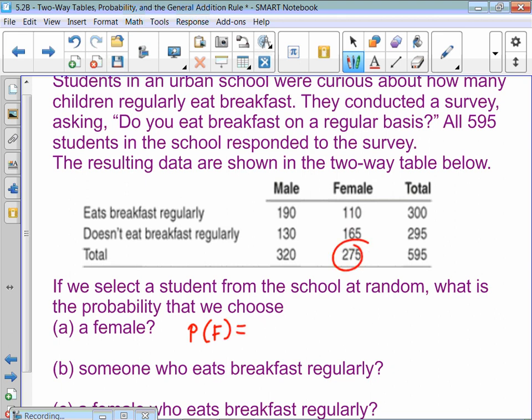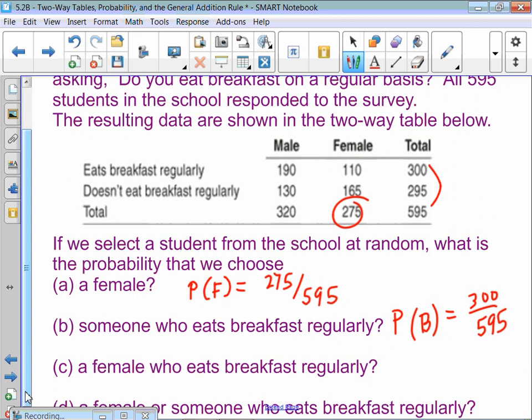I agree with you. 275 out of 595. What's the probability someone eats breakfast? I'll just use a B here to represent the probability that they eat breakfast. Tori, what do you think? Yep. So the total that eat breakfast, 300 out of 595.